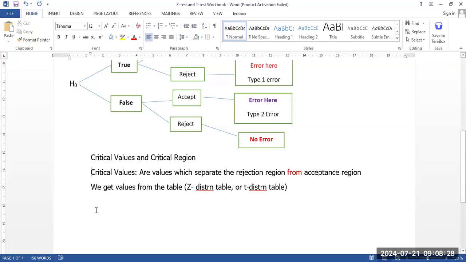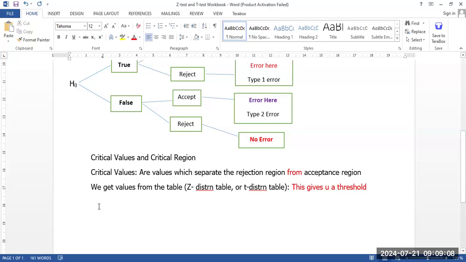In short, colleagues, your critical value is like a threshold.